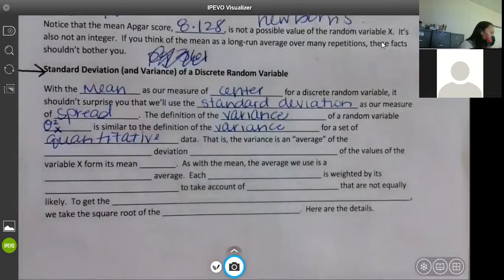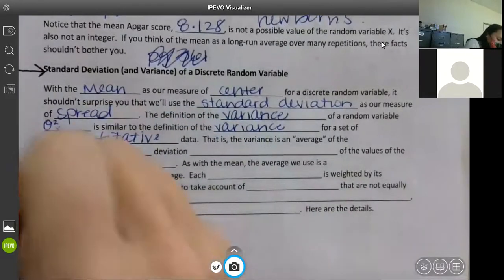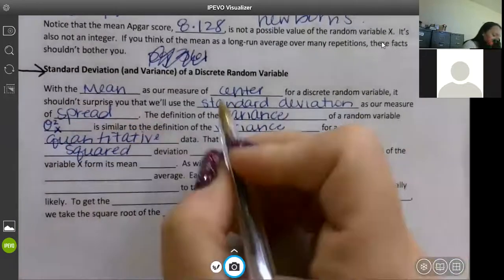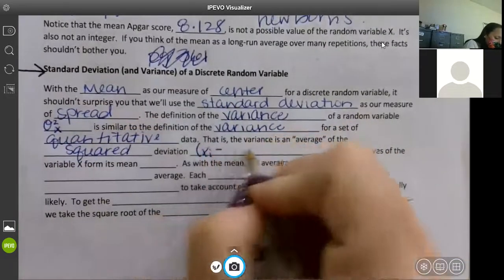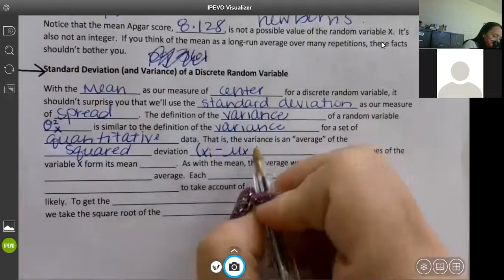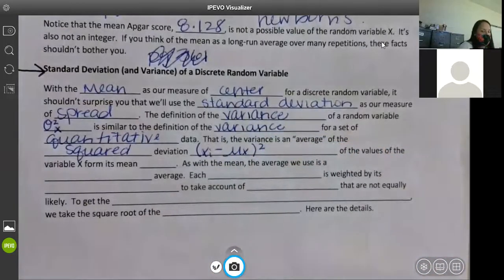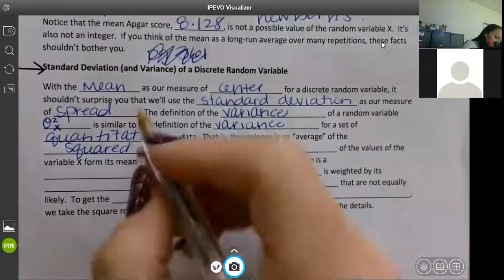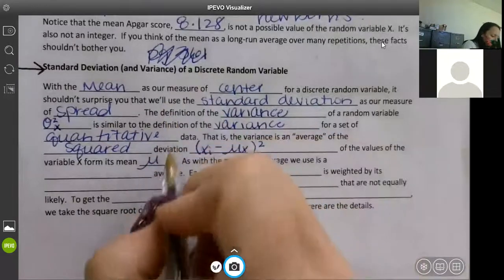That is, the variance is an average of the squared deviation. And remember, the deviation is how far the observation is from the mean. So again, observation minus the mean, and then you square it. Of the values of the variable x for the mean mu.